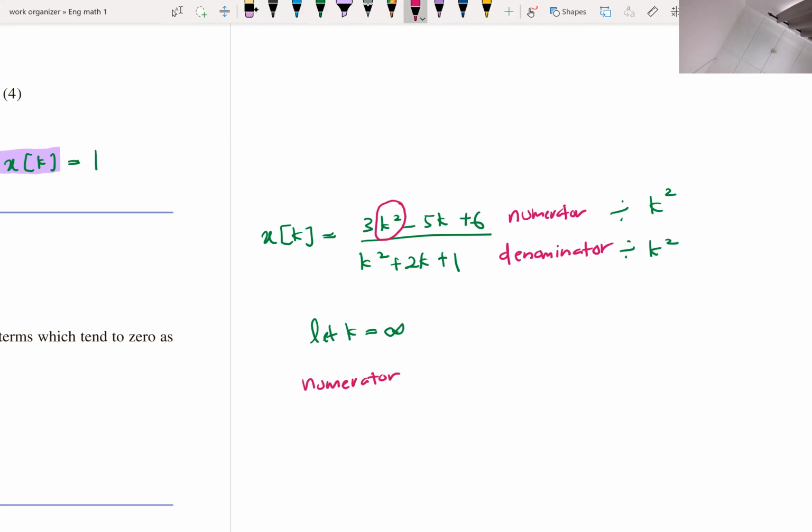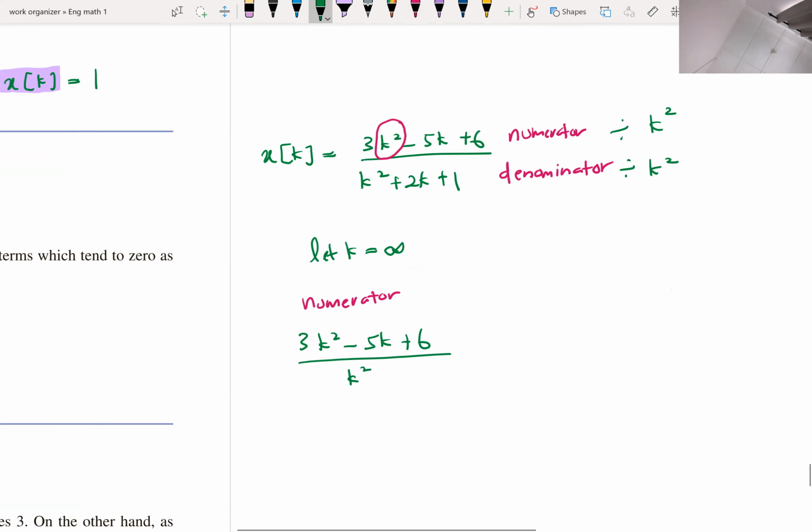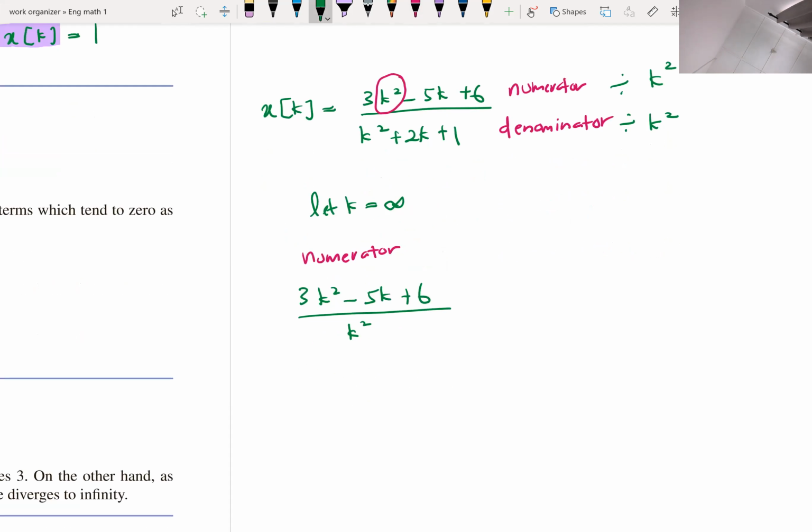We do the numerator first: 3k squared minus 5k plus 6, divided by k squared. We can write it one by one: 3k squared over k squared, minus 5k over k squared, plus 6 over k squared.